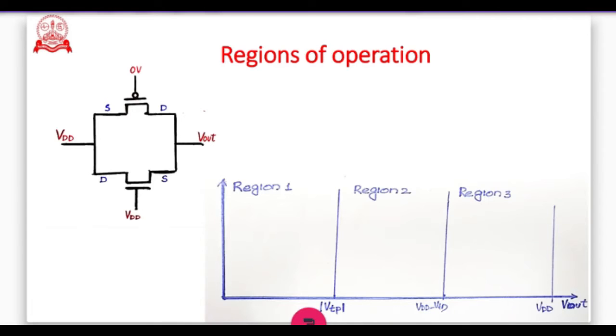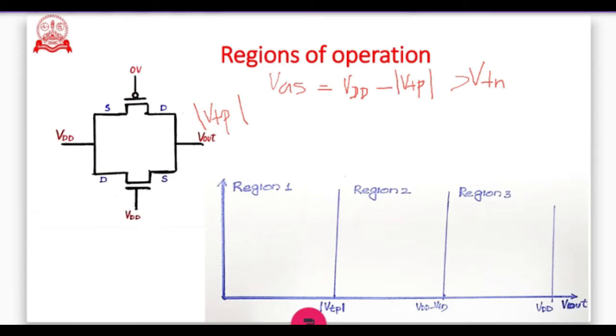So first we will analyze NMOS. To check it, first we have to see what VGS is. We have VGS equal to VDD minus modulus of VTP, so that is definitely greater than VTN.